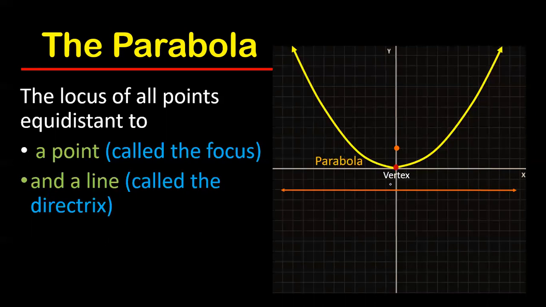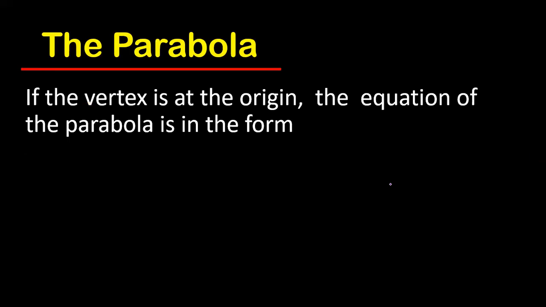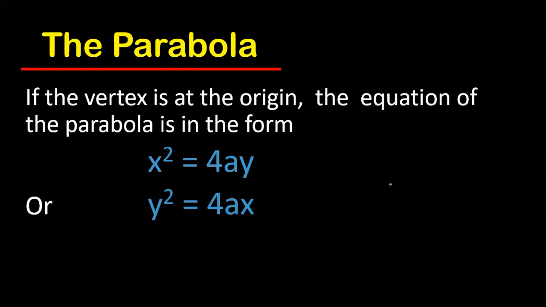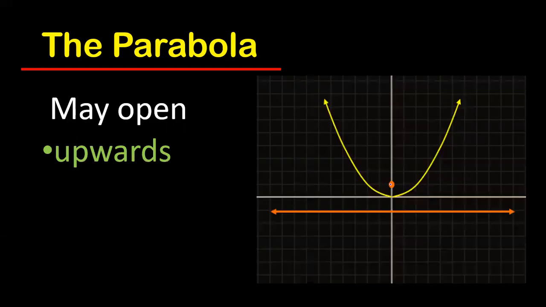If the vertex is at the origin, then the equation of the parabola is in the form x squared is equal to 4ay, or y squared is equal to 4ax. The parabola may open upwards, just like our example earlier.